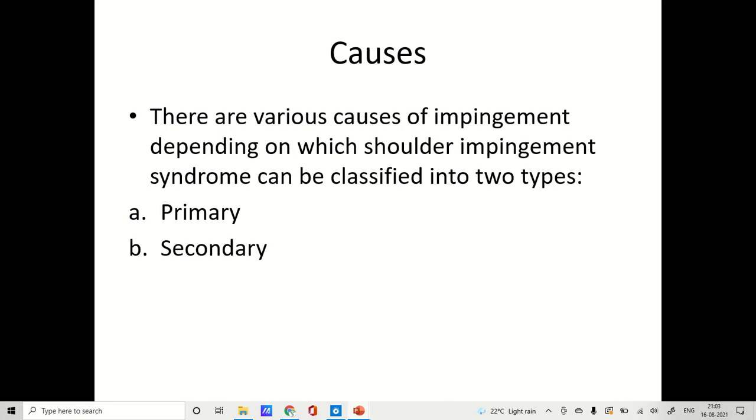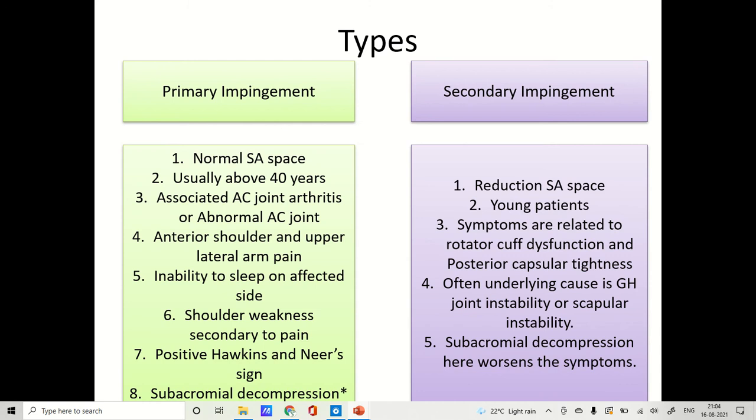Coming to the causes, there are various causes of impingement syndrome. Depending on the causes, the main classification is primary and secondary. Primary causes are usually age related, that is due to arthritis of the joint and abnormal acromial shape. Secondary is due to poor posture, instability of the joint and trauma. So these are your types.